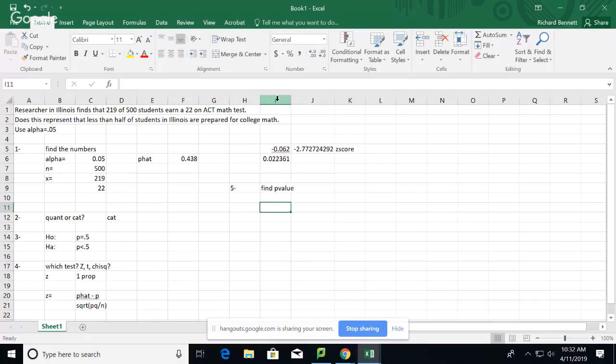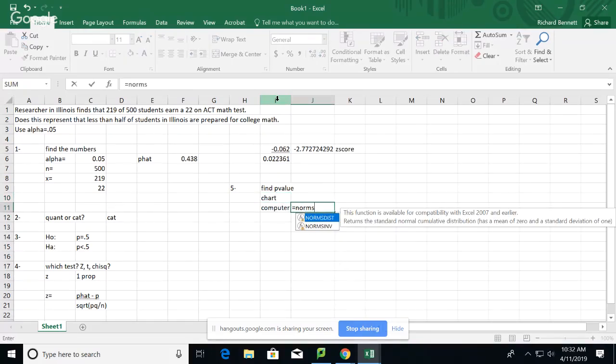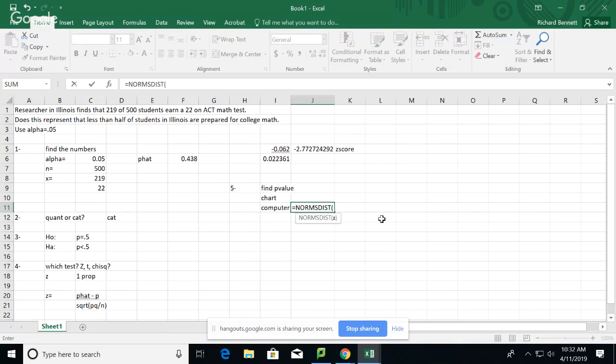So, what do you think the p-value is? That's when you look on your chart, or you do the equals norm.s.dist of this. Norm is just of that value, right? Now, how do you know whether you need to subtract that from 1? You draw a picture.